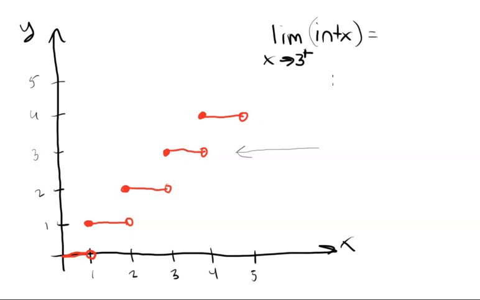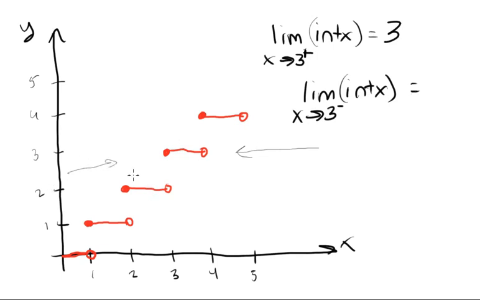So that means the limit as x approaches 3 from the right of int x is 3. Now, let's look at the other one. The limit as x approaches 3 from the left of int x. So now we're going to be approaching 3 from this direction.